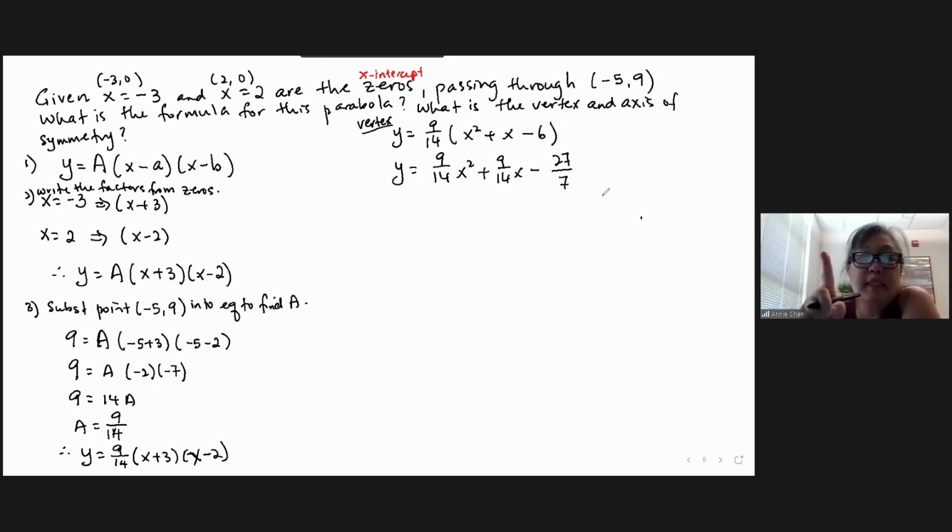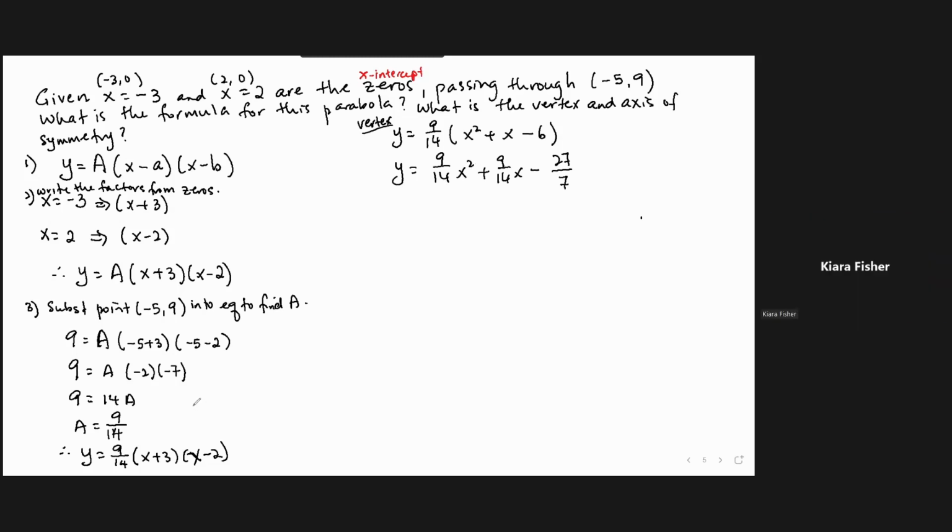Ah, you have one more step before you do that. Your coefficient for x squared is 9/14. Can you find the perfect square with a coefficient on the x squared? No.